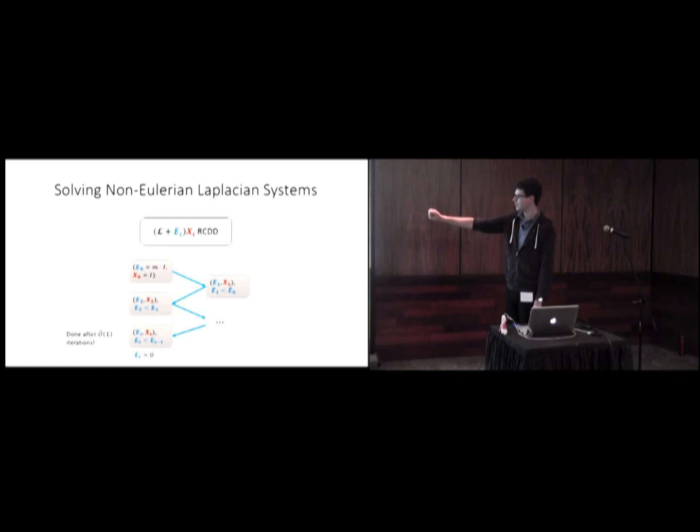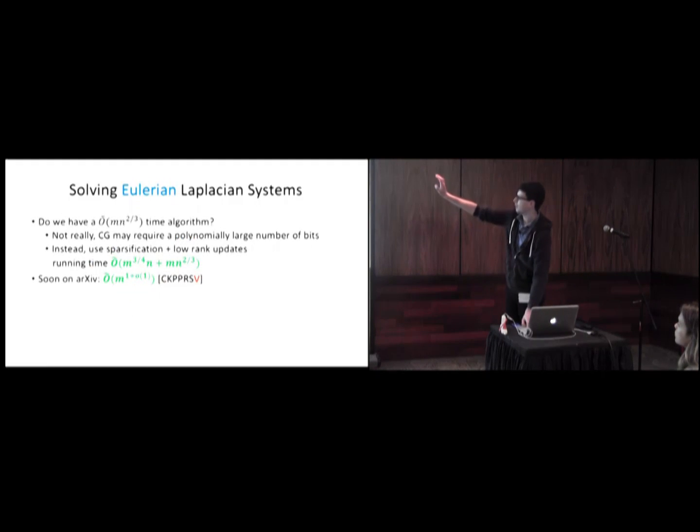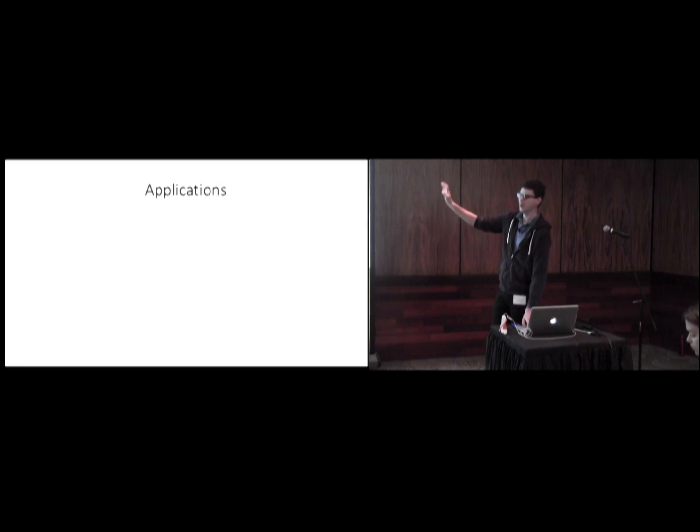After a polylogarithmic number of iterations, we get it to be close to 0, and that's how we find an approximate diagonal scaling that's going to give us our stationary distribution. So this reduction tells us that whenever we have solvers for Eulerian Laplacians, we actually have solvers for strongly connected Laplacians.